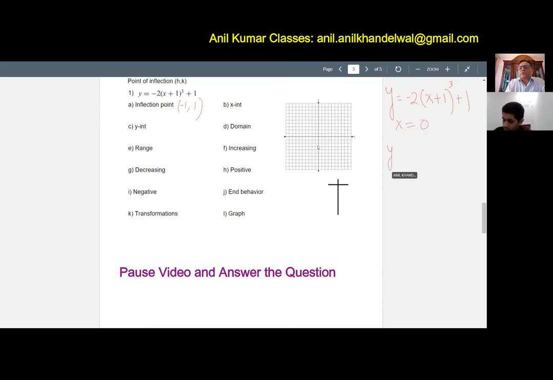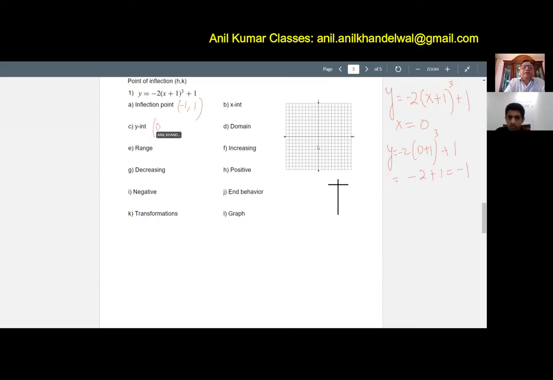You get y equals minus 2 times 0 plus 1 whole cube plus 1, right? That means minus 2 plus 1, which is minus 1. So you get y-intercept as minus 1. Correct. So let me write this as 0, minus 1, okay?